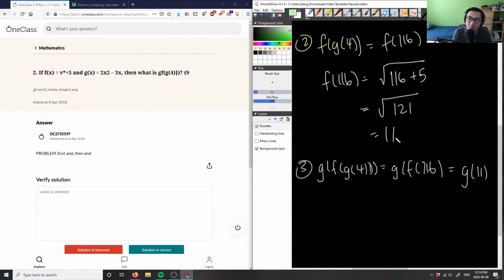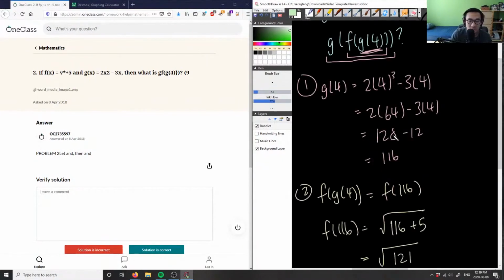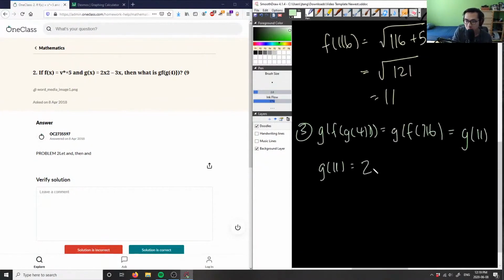So what we can do now is sub in g at 11 and solve for our problem. So g at 11 is going to equal our g of x, 2x cubed minus 3x. So 2 times 11 cubed minus 3 times 11.